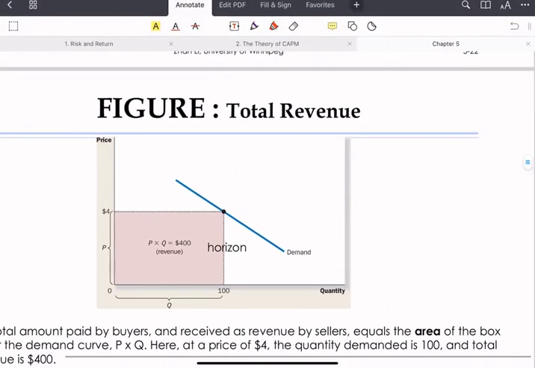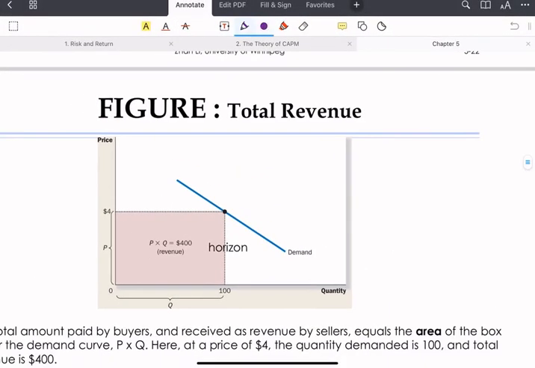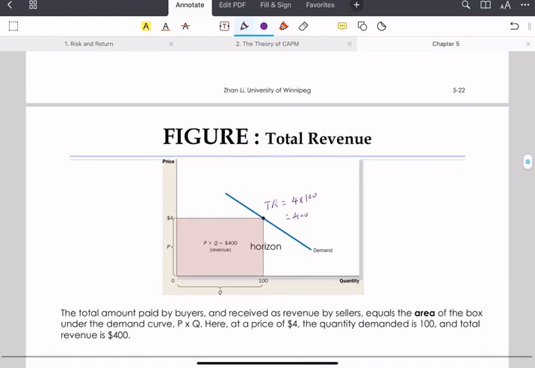So basically, the total revenue equals price of 4 times quantity of 100. So total revenue is 400. Right? So it's very simple.